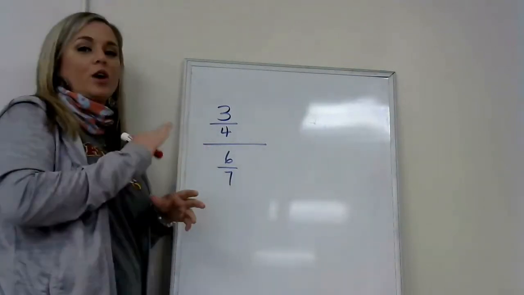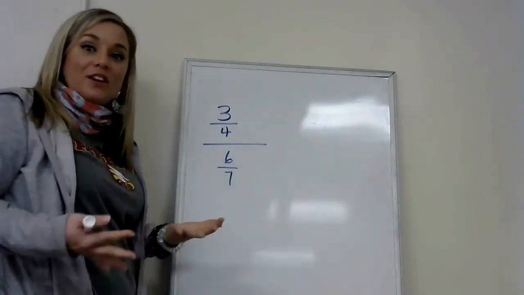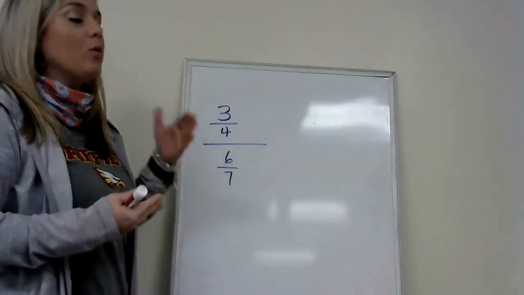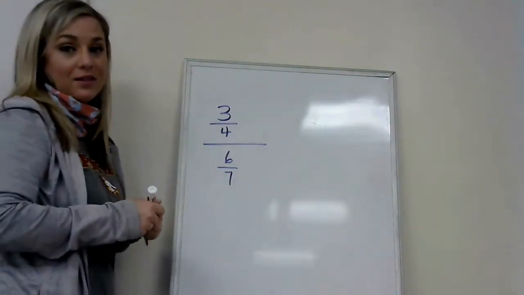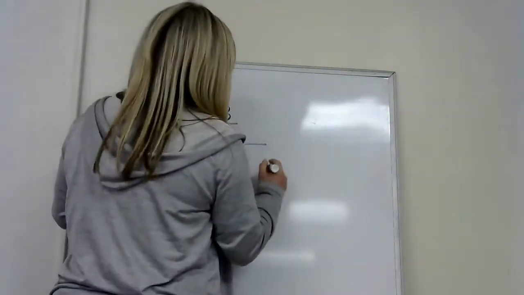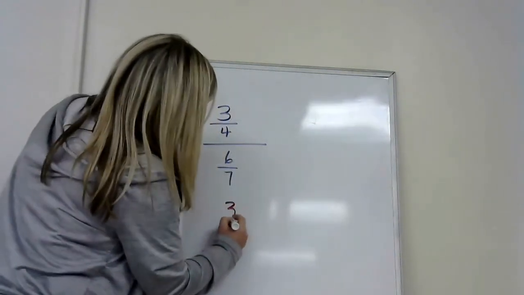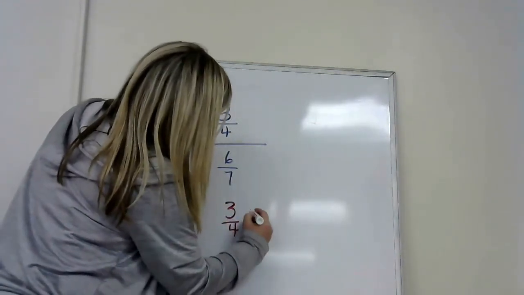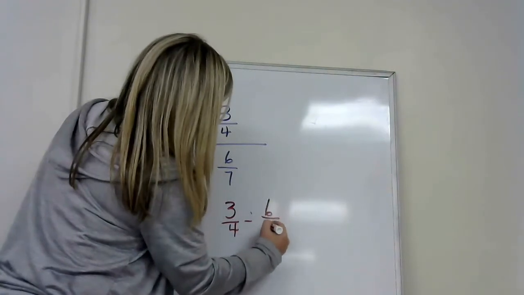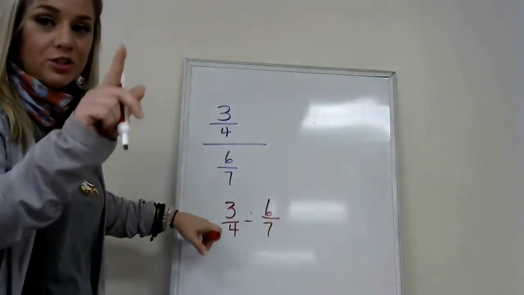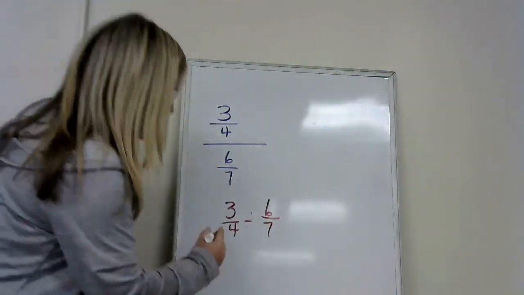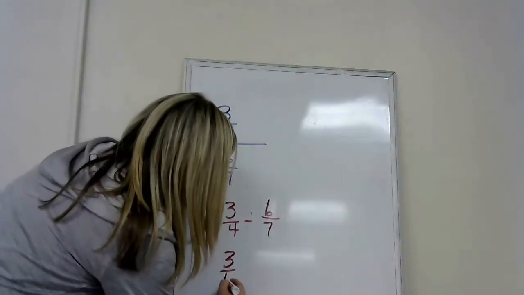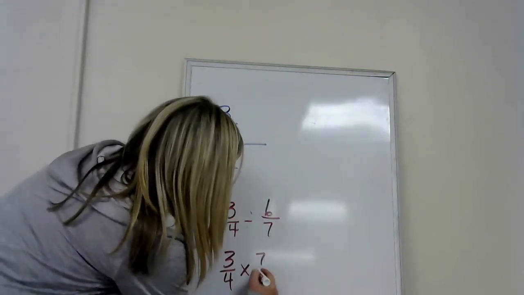We're going to look at this fraction bar as a division sign. So we're going to do 3/4 divided by 6/7. Dividing fractions, don't ask why, flip the second number and multiply. So now we have 3/4 times 7/6.